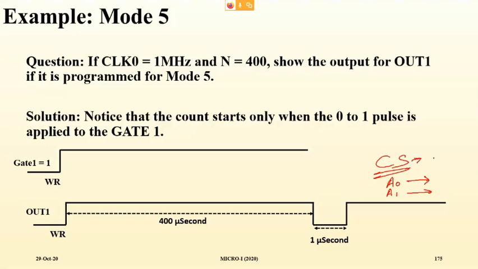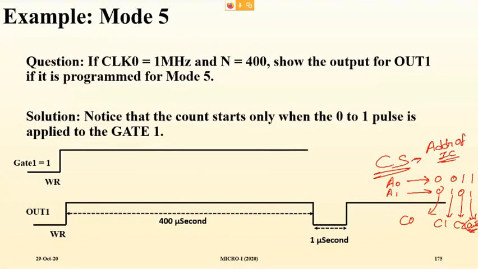The chip select will show the address of the IC, and then knowing the A0, A1 lines, or if there are more lines, you just have to make the combinations like 00, 01, 10, 11. Definitely you can go to 4 different addresses using these 4 different combinations, whether it is counter 0, counter 1, counter 2, or CWR.